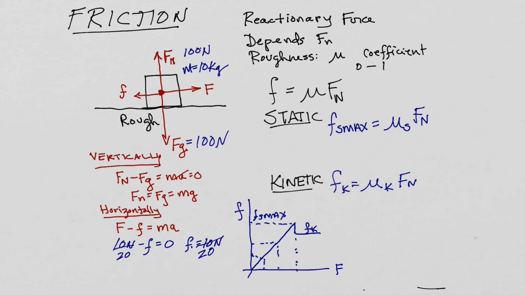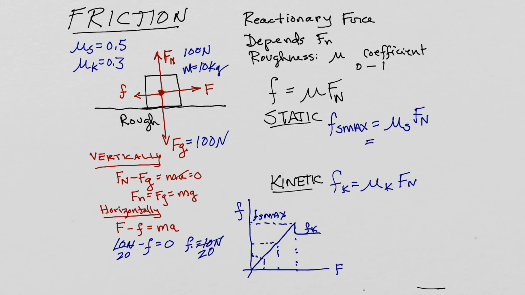Now, let's also assume that our static coefficient of friction is 0.5 and our kinetic coefficient is 0.3. These numbers will change depending on the two surfaces. But we can use these numbers to calculate Fs max.